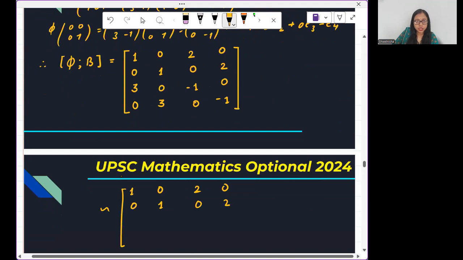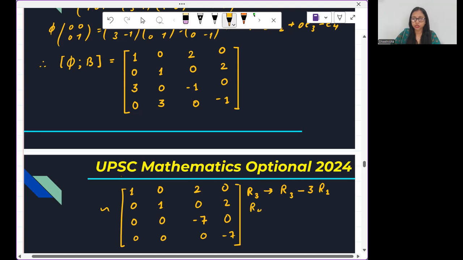And this is just row 3 minus 3 times row 1, so it's 0, 0, minus 7, 0, and 0, 0, 0, minus 7 as well. Here I have applied the operation on R3 as R3 minus 3 times R1, and I have applied the operation on R4 as R4 minus 3 times R2.